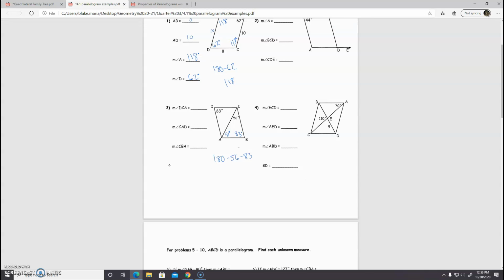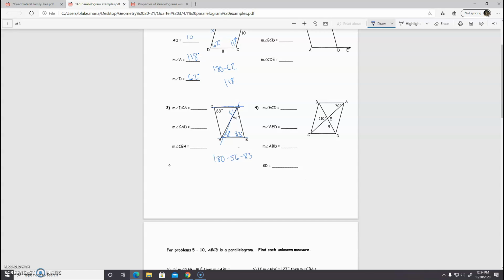And then we're kind of stuck, right? But then we remember a parallelogram has parallel sides cut by a transversal, so alternate interior angles are equal. So DCA is 41 degrees.